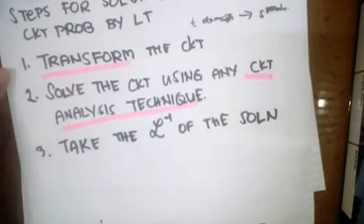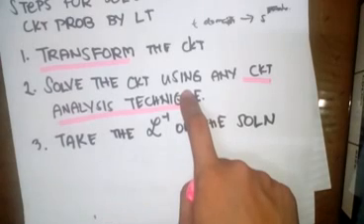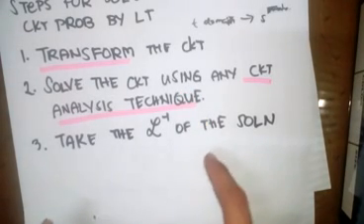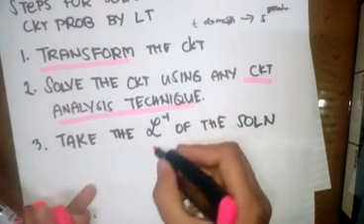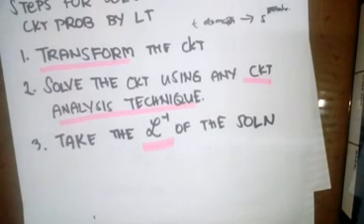And lastly, when we get the solution from solving the circuit, we have to take the inverse Laplace. Why do we have to take it back into the time domain? We start from the time domain and transform it into the S domain so that we could compute the problem using the Laplace transform, which makes it easier for us.